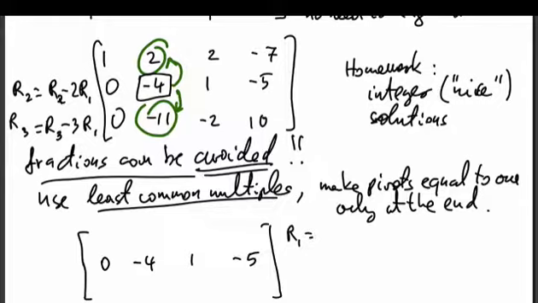So the new row 1, if I multiply it by 2, I get 4 there, and then I just have to add row 2 to it. So I get 2 there, and don't worry, we will take care of this scaling so that it goes back to 1 later. Then the 2, 2, 0 we multiply by 2, we get 4, minus 4 is 0.